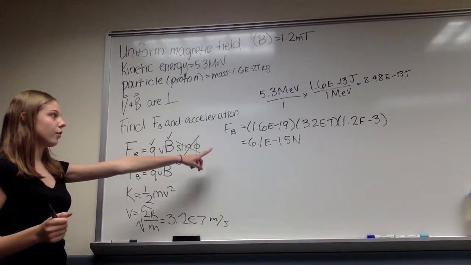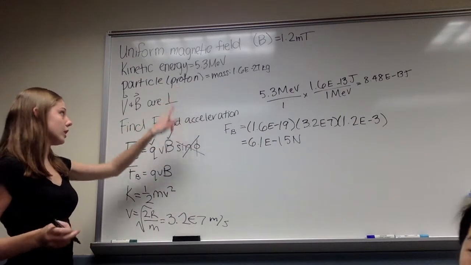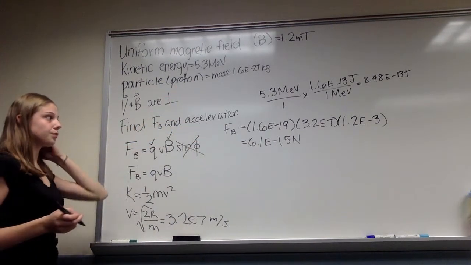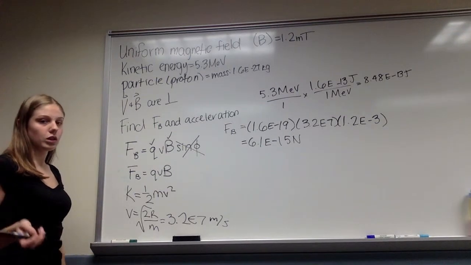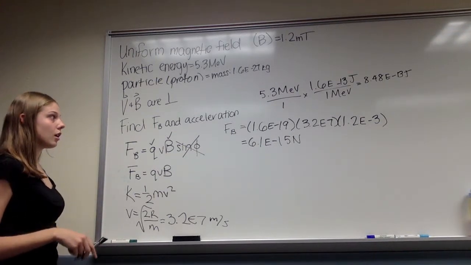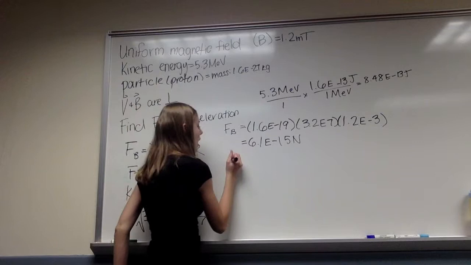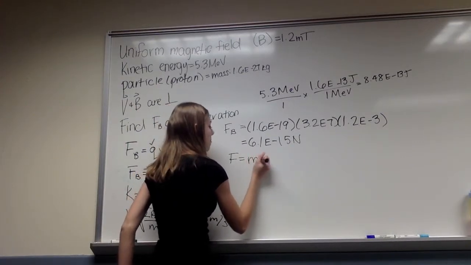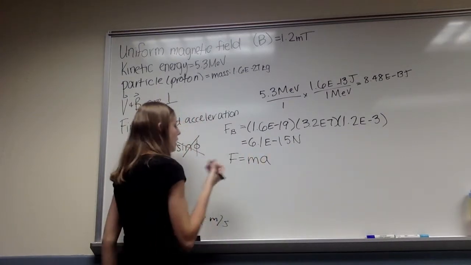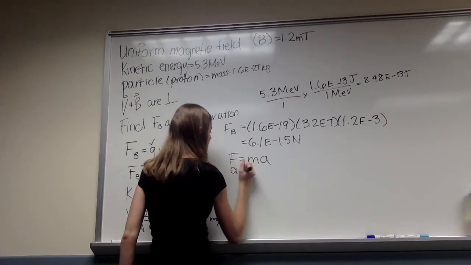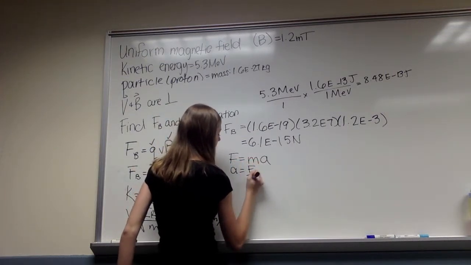Now that we have the force of the magnetic field, we need to solve for the acceleration. So what is an equation that has the force and acceleration in it? It would be F equals ma. Now to solve for a, we would divide by m, so a equals F over m.